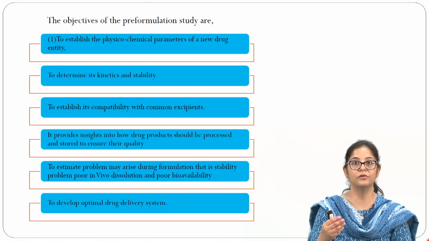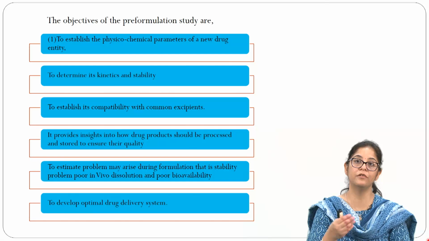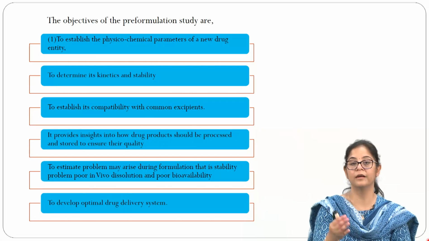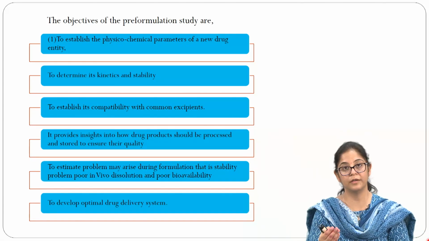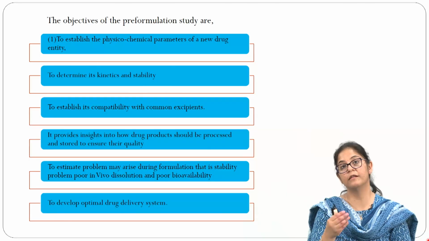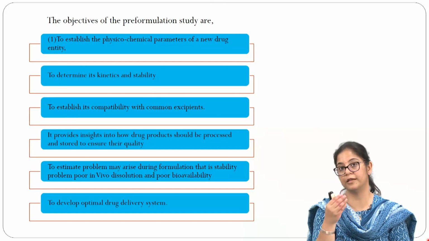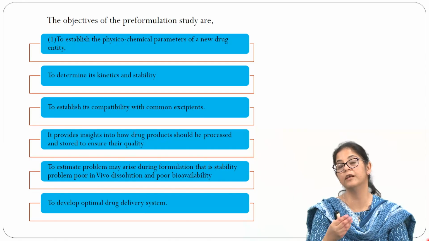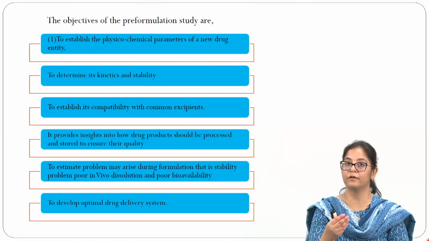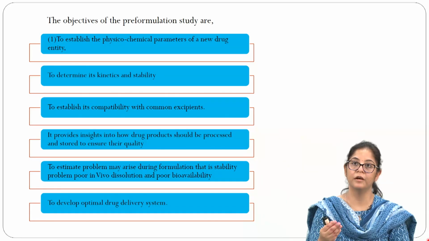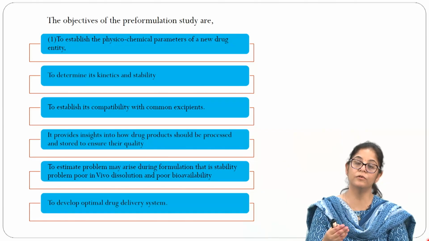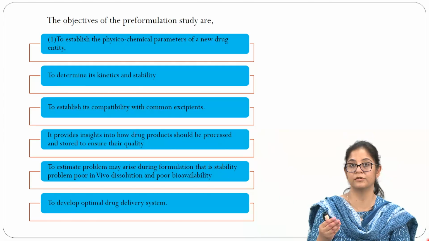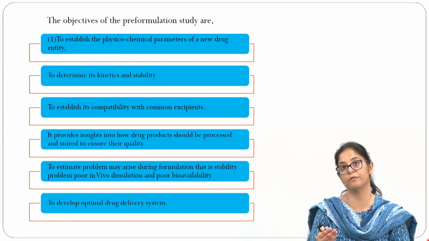Then it also tells you how it needs to be processed. Suppose the physical and chemical characterization shows that the drug is thermosensitive, that is, it is thermolabile. Then can we use high temperatures or thermal based techniques for its processing?